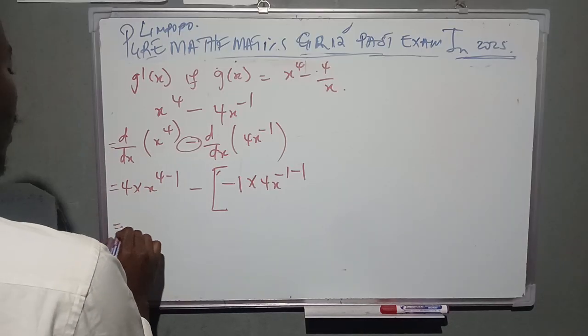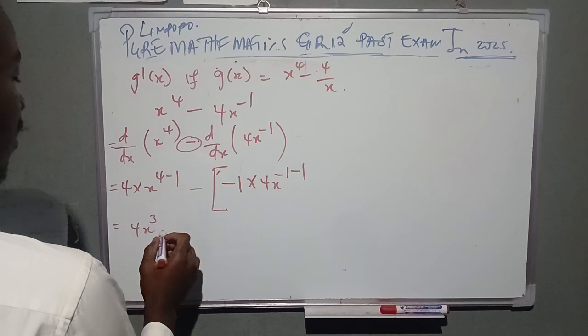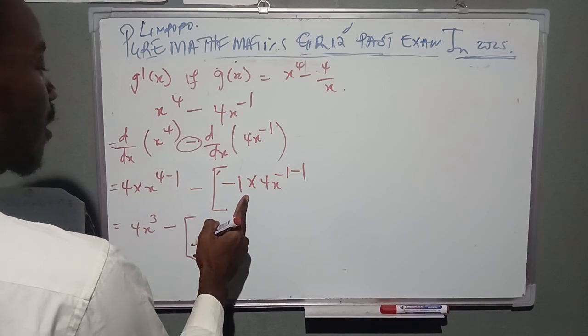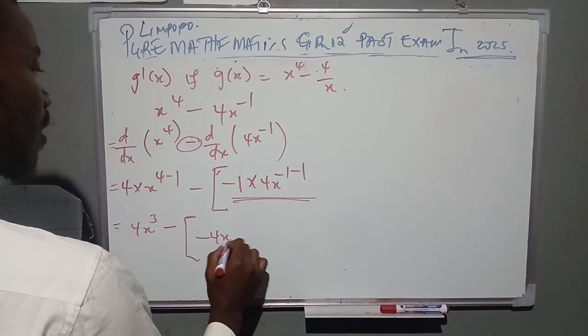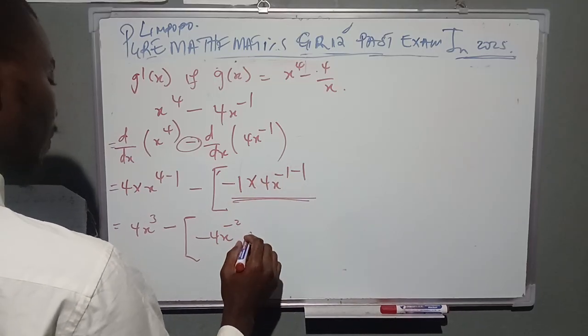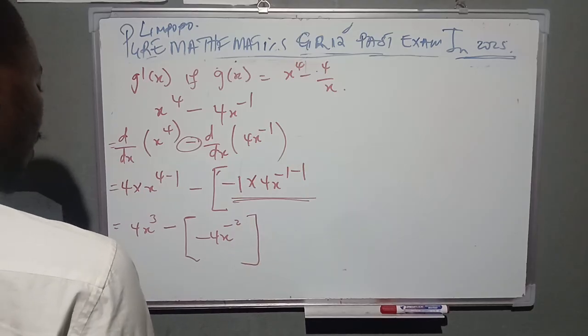Therefore here we can say 4x to the power 3, because 4 minus 1, that's 3, minus whatever that is in the bracket, so I'm saying minus 4x to the power minus 2, like that.